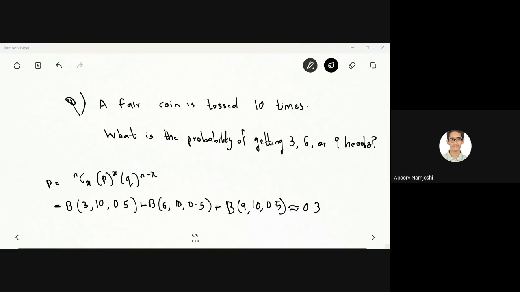What we can do instead using the Monte Carlo method is this. Essentially, what we will do, 1 second, where is that?